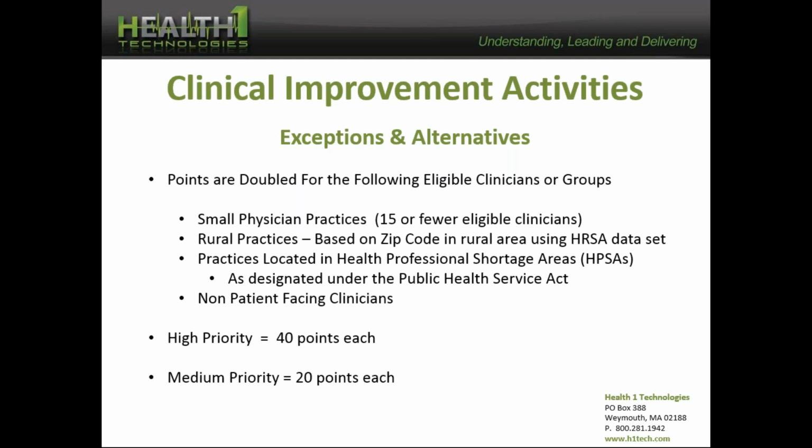What will happen for this particular group of people is that if you have a high priority measure, you're going to get 40 points instead of the 20 points that everybody else did. And if you choose a medium priority, you'll get 20 instead of 10. So basically your points are just doubled.